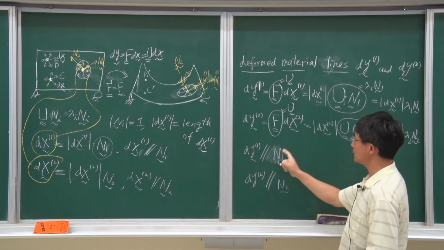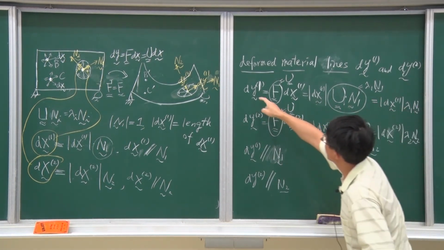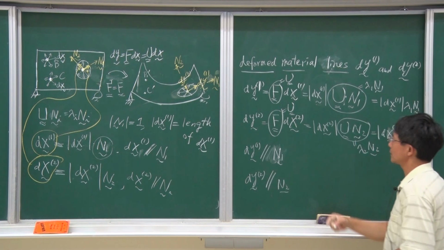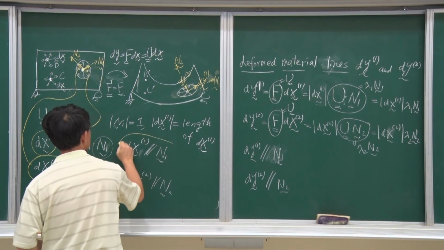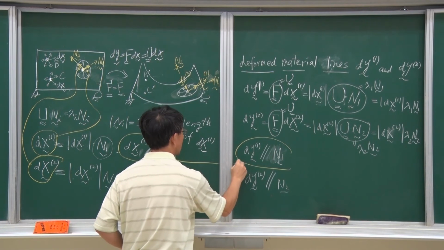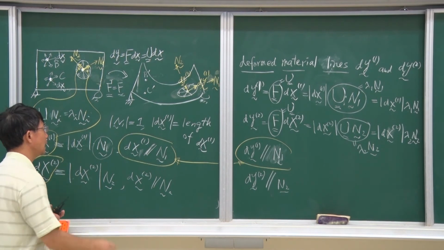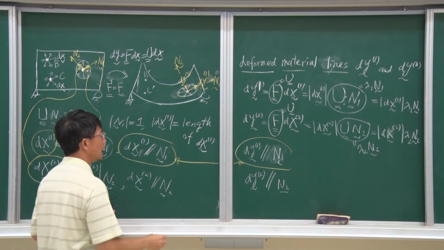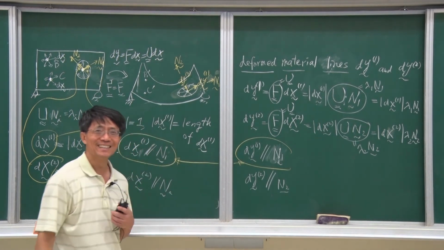See, dy1 is still in the direction of n1. Look at here, because n1 here, n2 here. So these material lines have the direction of n1 too. Compare these two relations. You see that the material line dx1 is in the n1 direction, and after the deformation, the material line dy1 is still in the n1 direction.